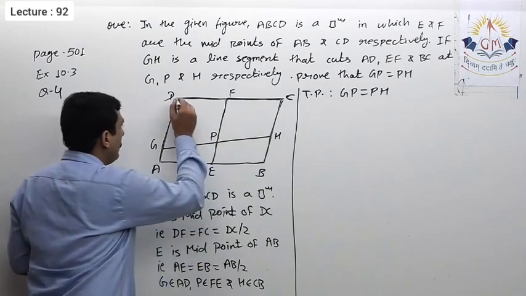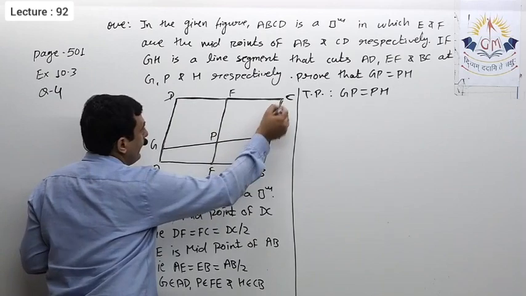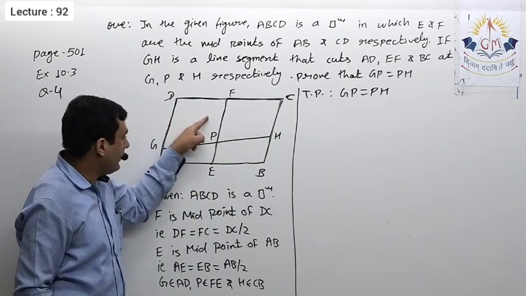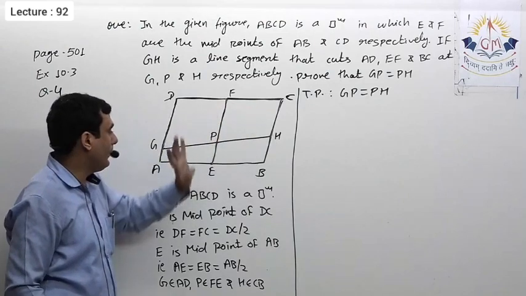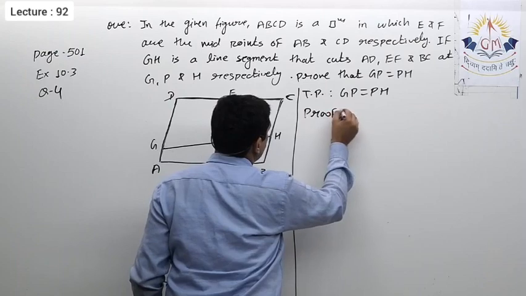So here our target is to prove these are parallel. Now among these definitely two are already parallel. So basically we have to work on how to prove AD parallel FE or how to prove BC parallel FE. So let us see the proof.